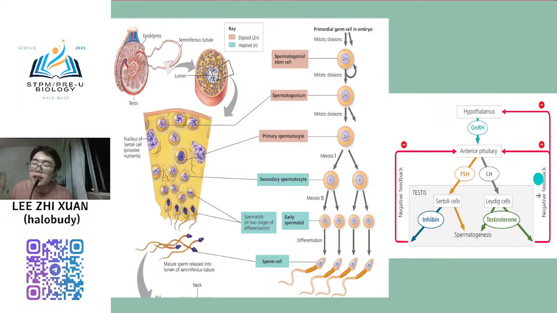So there is a negative feedback mechanism, meaning it will inhibit the anterior pituitary gland from secreting these two hormones, and it may also inhibit the hypothalamus from secreting GnRH. But this one is not very important. The most important is this.